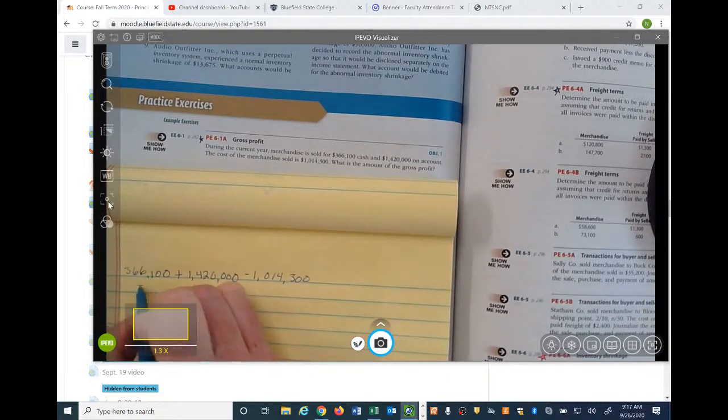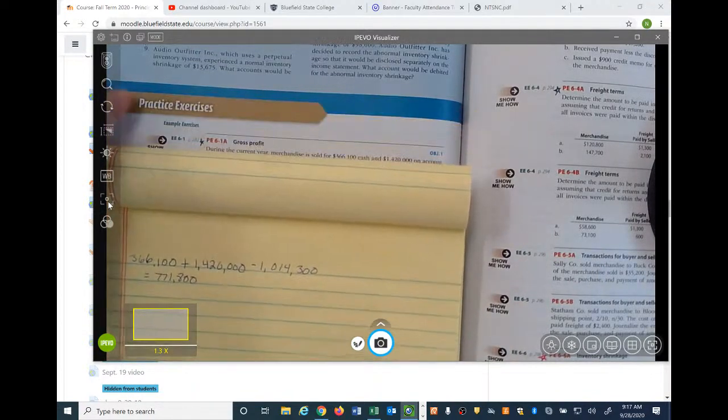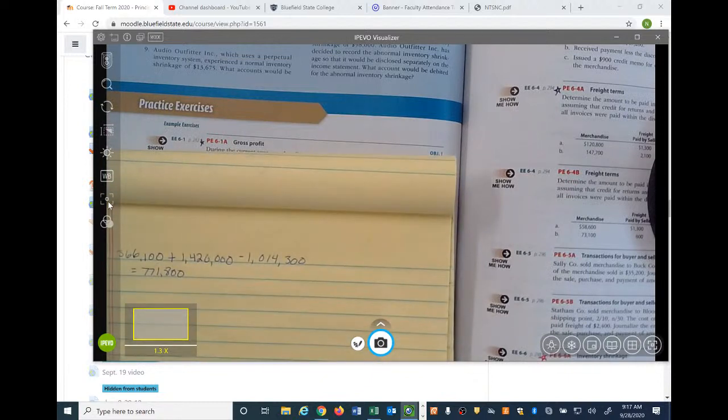Okay, and that'll give us our $771,800. Everyone seeing that? So there's no difference between whether we collect the cash or an account receivable, right? That's all part of our sales revenue, and then we back out what we spent to purchase the merchandise with, right? Okay, so there's the gross profit.